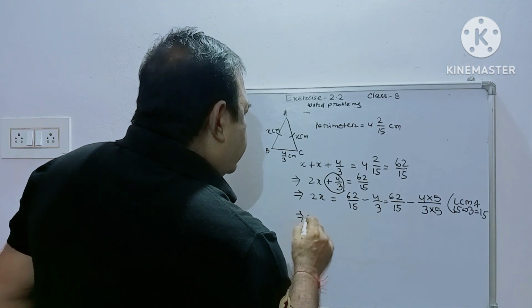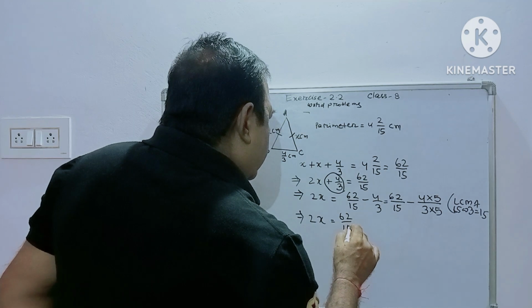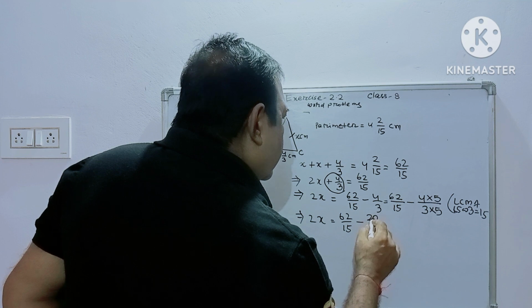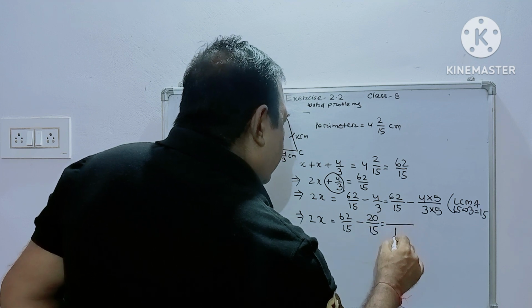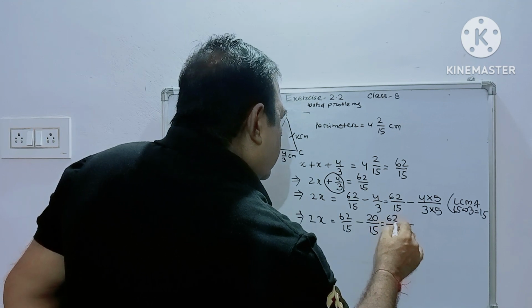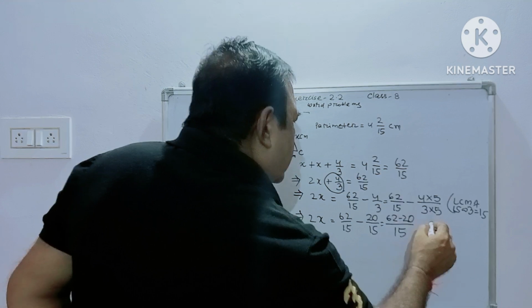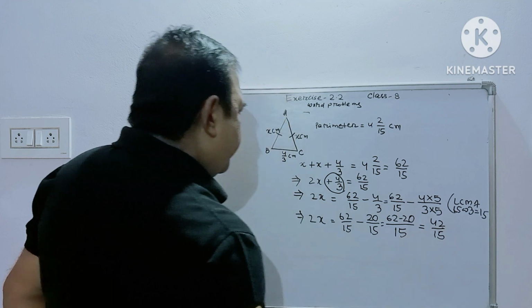So that implies 2x is equal to 62 divided by 15 minus 20 upon 15, common denominator is 15. So you take the difference of the numerators, 62 minus 20, that is equal to 42 upon 15.